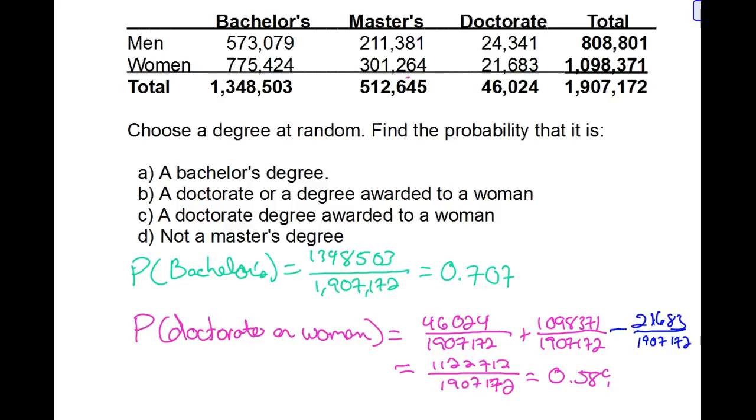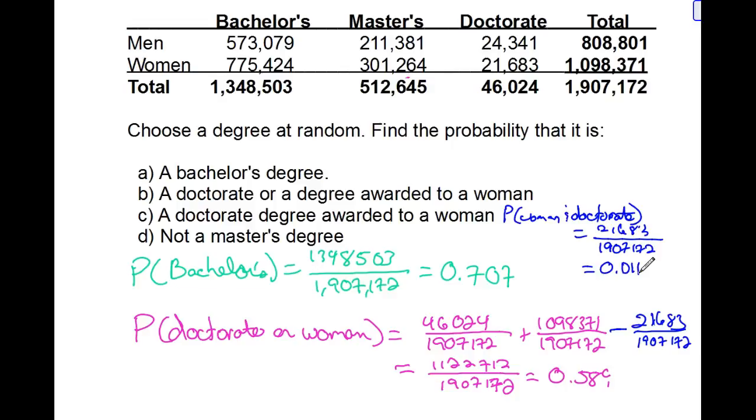I'm going to come up here and write it because I want the probability of woman and doctorate, because that is actually what we just subtracted out down here in this other portion. Okay? So that's going to be equal to 21,683 out of our 1,907,172, which is equal to 0.011.